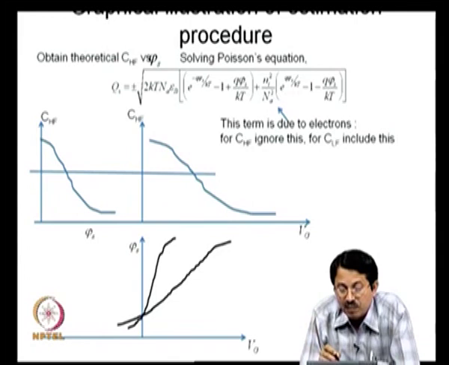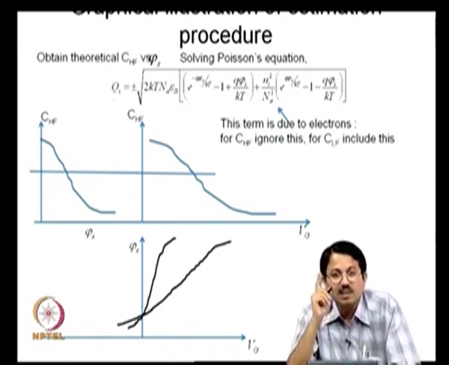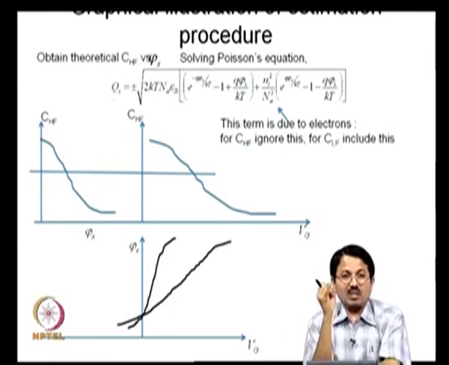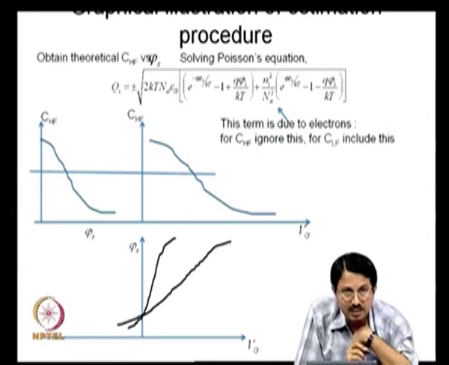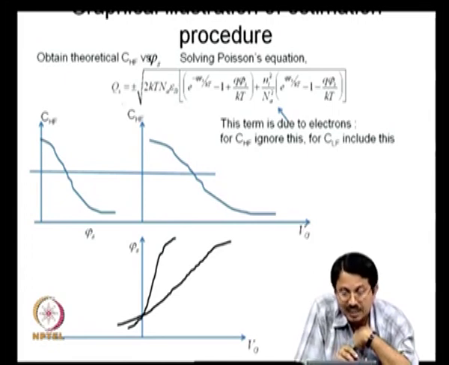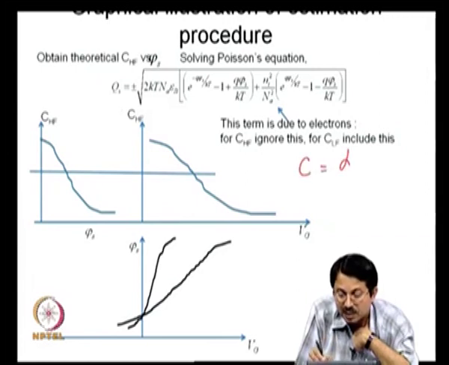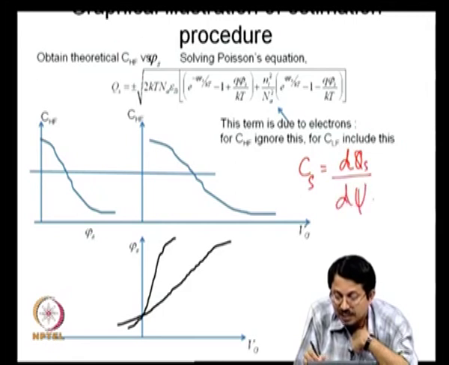Now, for different values of psi s, I can generate Qs, right. I have a given doping concentration, so I have a very unique relation between Qs and psi s. Once you know Qs and psi s, you can very easily get capacitance, because capacitance, remember, is dQs by d psi s, the silicon capacitance.